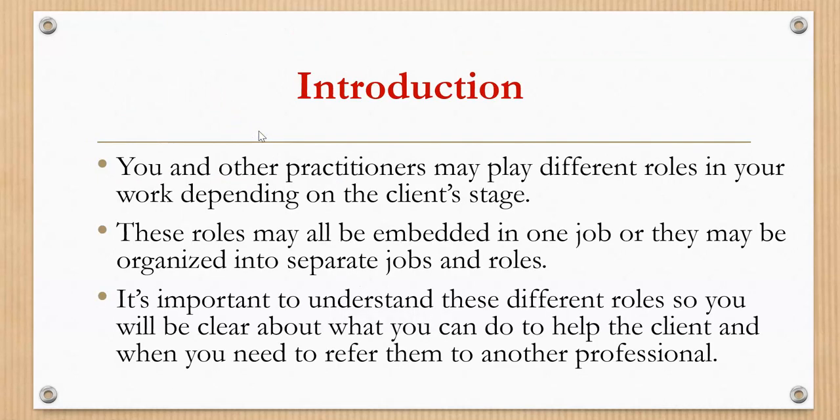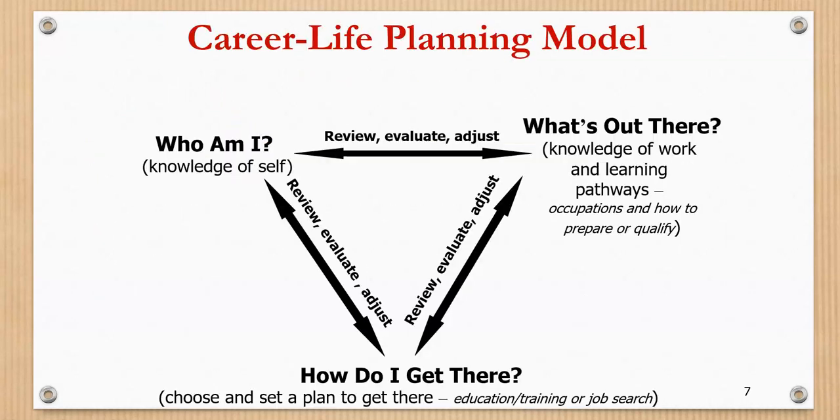It might be assessment tools, it might be a narrative or storytelling approach, but you're going to do some work with them in this Who Am I section and help them when they feel they have enough information about themselves and understanding of themselves that they would then move on to the What's Out There stage.